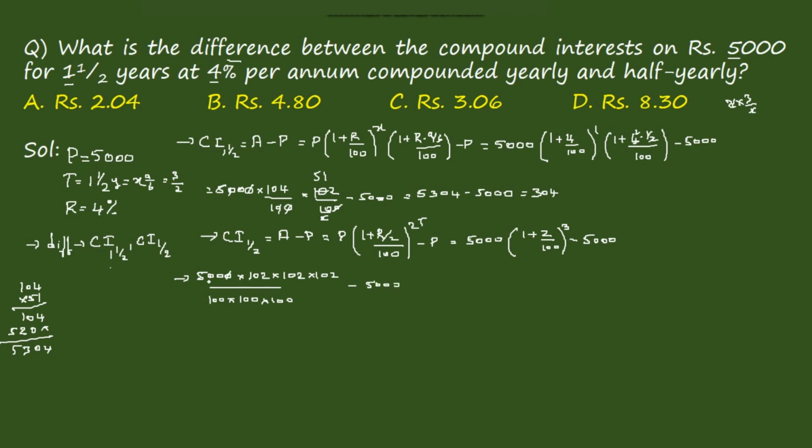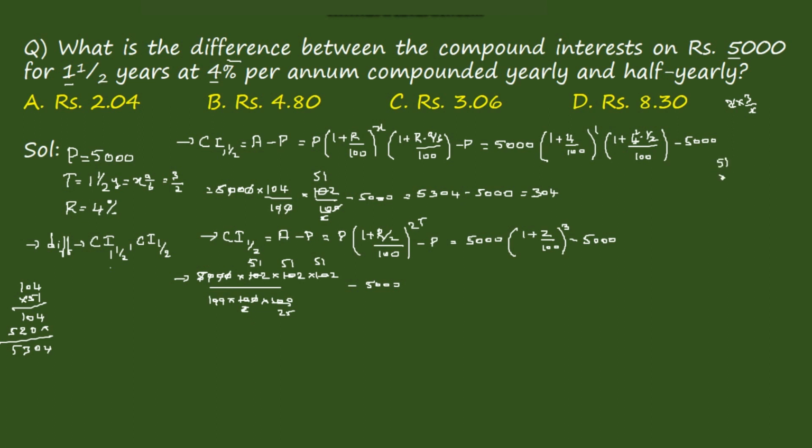So 3 zeros go, again this one goes by 51, again this one also 25, it goes 51, and again this one also 51. So we have to find the multiplication of 51 into 51 into 51. 51 cube we have to find, alright?